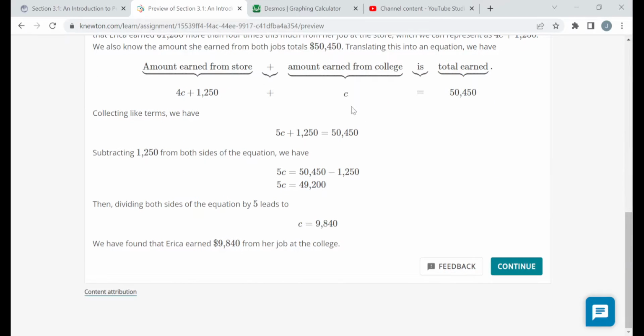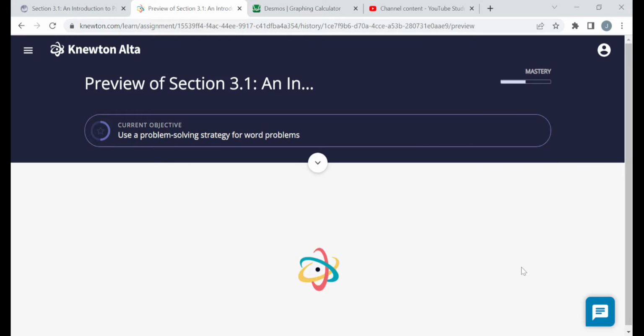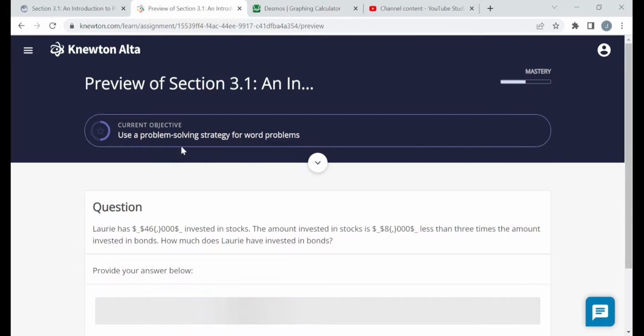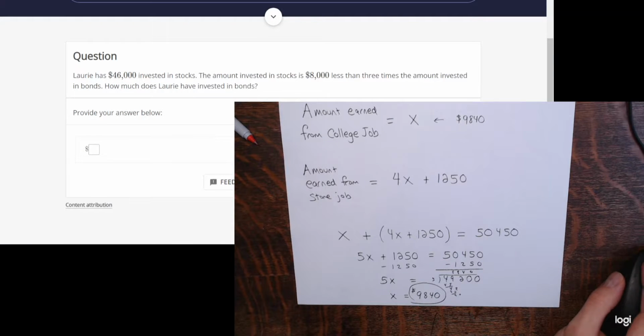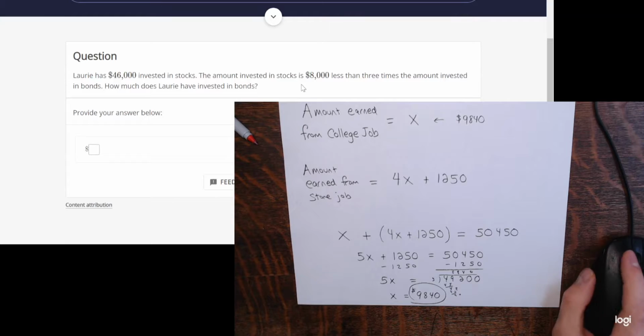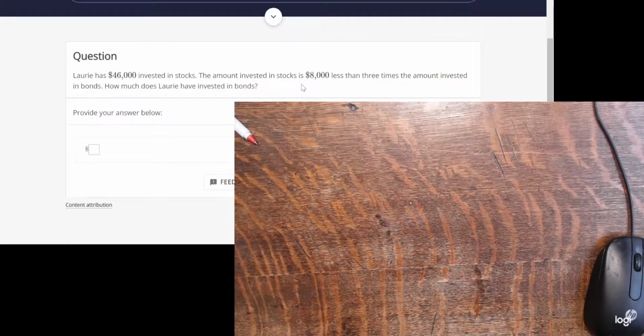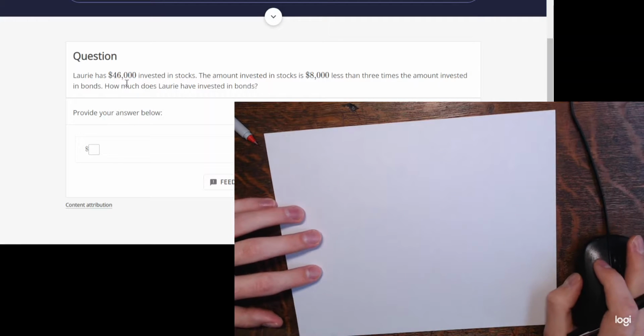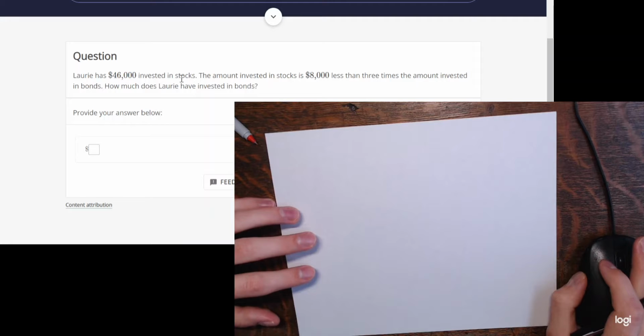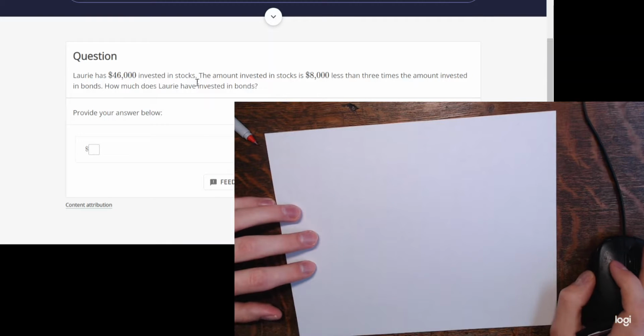All right, and they said C instead of X, whatever. Same objective. So once again, I'll have the problem up with some paper. This says Lori has $46,000 invested in stocks.